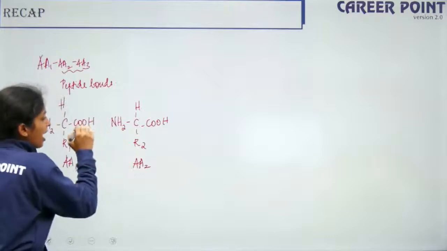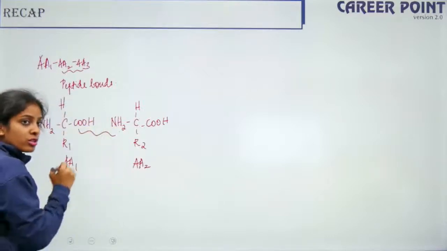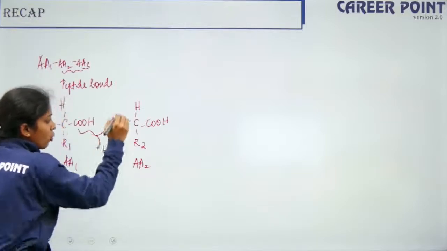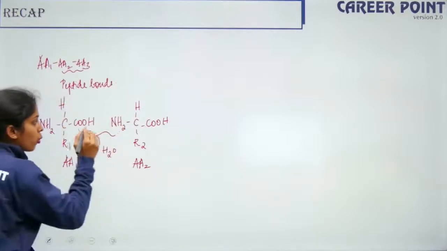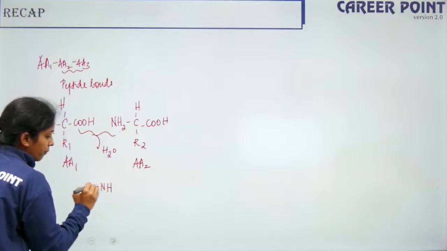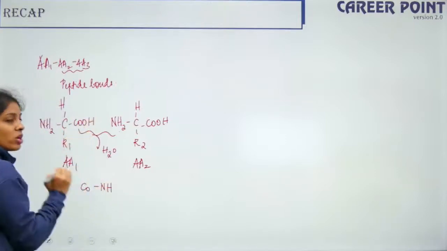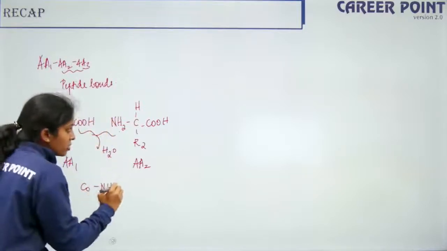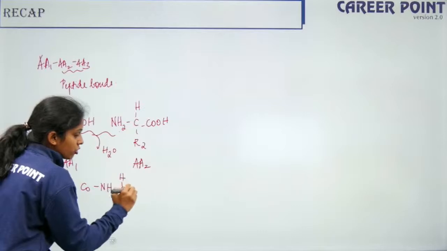Okay. So now I have to join these two. So these two are joined by the elimination of a water molecule. So when I eliminate the water molecule, what will be remaining will be your NH and CO here. So from here only CO will be remaining, from here only NH will be remaining. So now I write the entire structure like this.